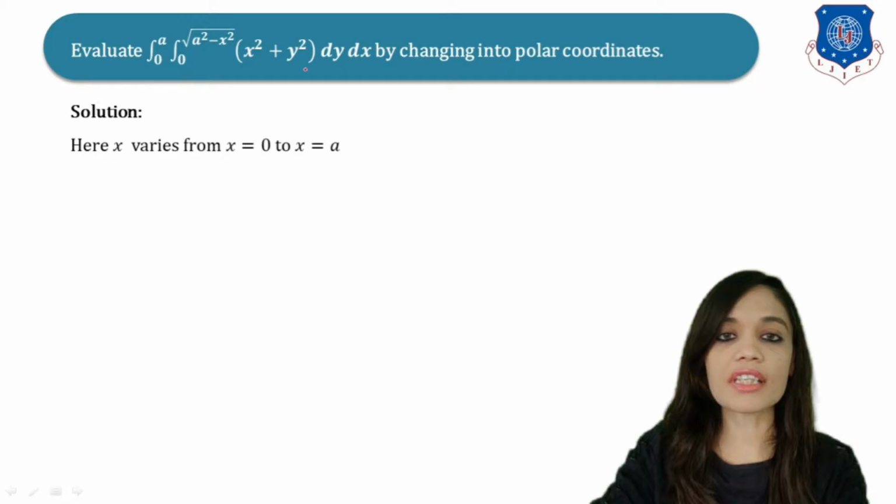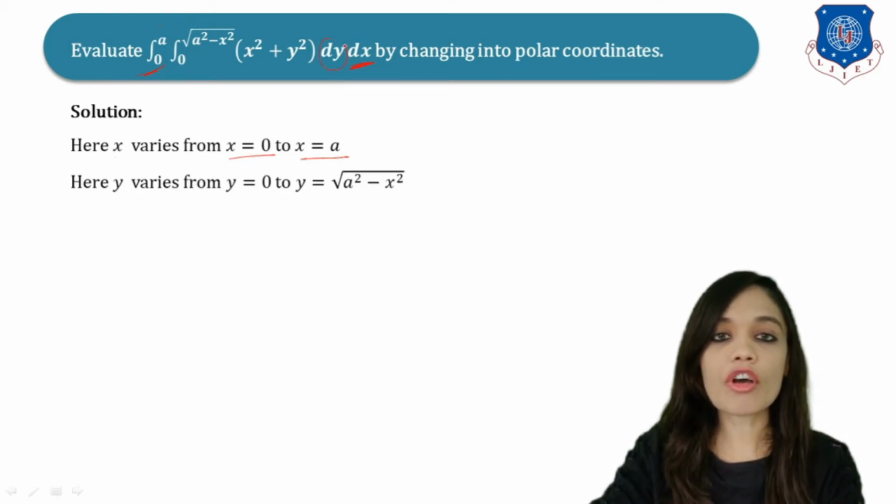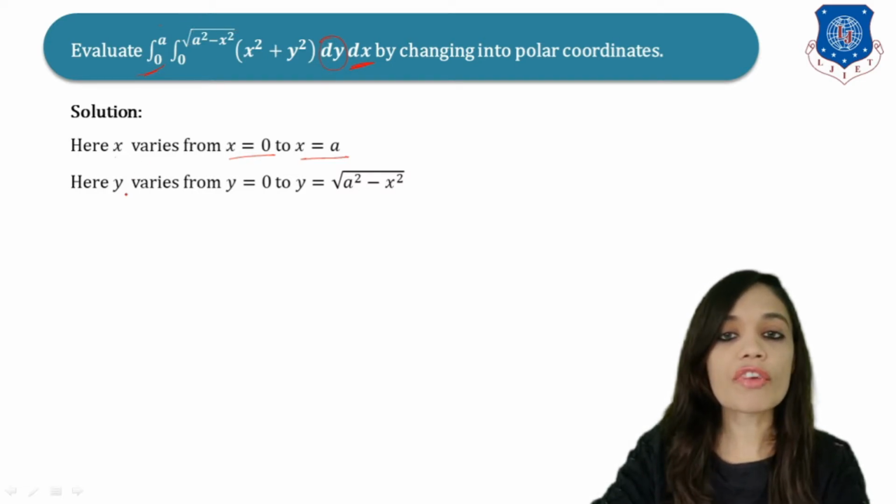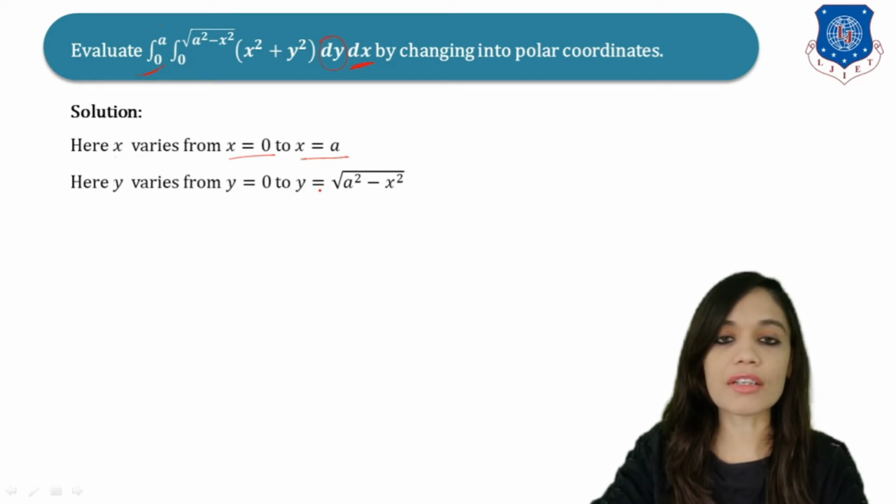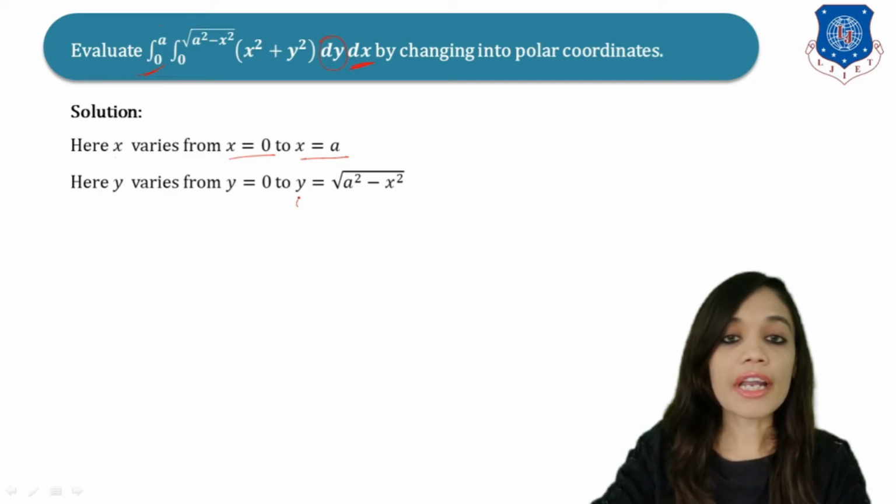From this you can see that our limits of x are 0 to a. Therefore, x varies from x equal to 0 to x equal to a. Now our limits of y are 0 to square root of a square minus x square. So y varies from y equal to 0 to y equal to square root of a square minus x square. Now let us simplify this.